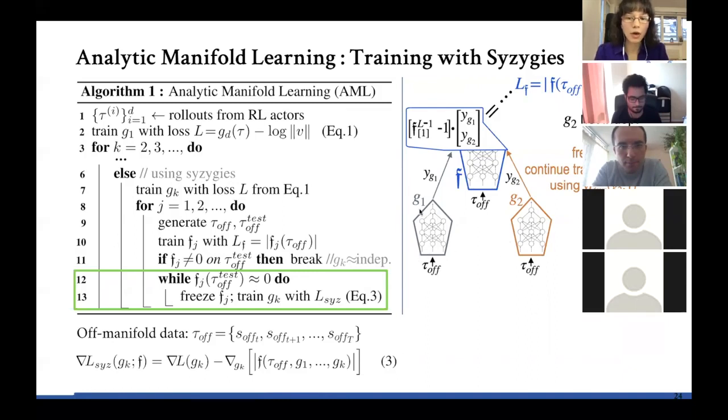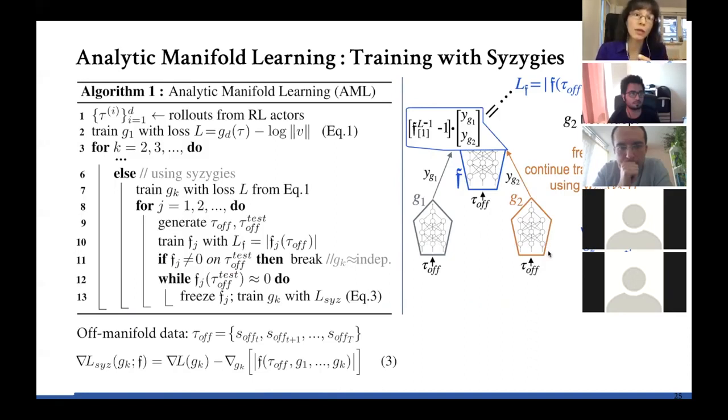The G1 that I learn, I want to make sure that it's good. This is what is done by this initial loss. The G2 that I learn, I want to make sure that it's good in the sense that it also outputs 0 on manifold data, but it is also already independent. So I will only stop learning G2 when I am happy that I cannot find a relation between G1 and G2.